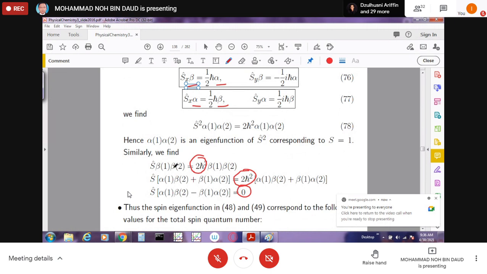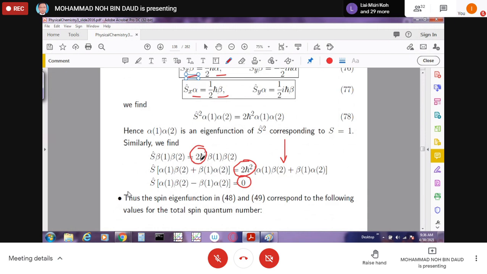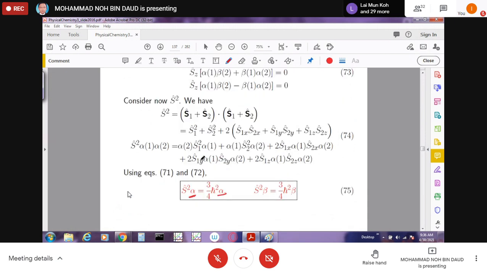What you can see here, both have the same orientation of spin, negative half. So you get the net vector here will be negative. This negative is a typo here, this is positive.